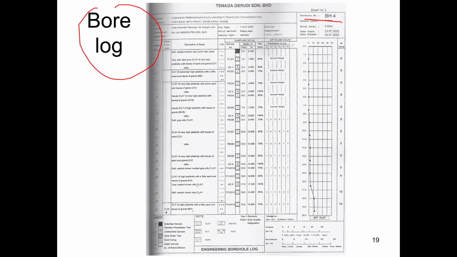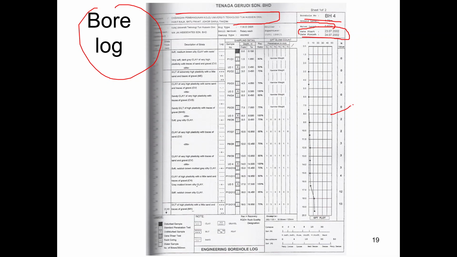We can see borehole number 4, where they recorded the water level at 0.6. This is at UTHM in 2002, a long time ago. You can see here the SPT N value is 0 up to 7 meters.